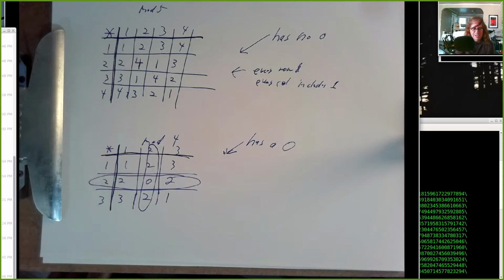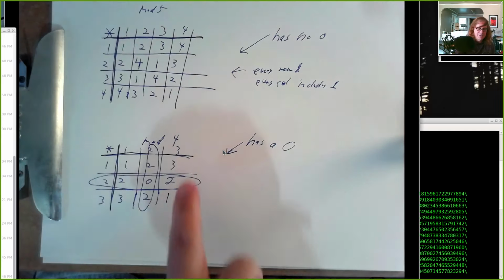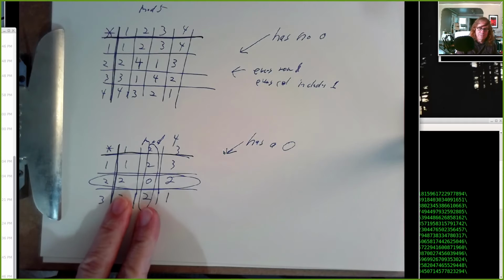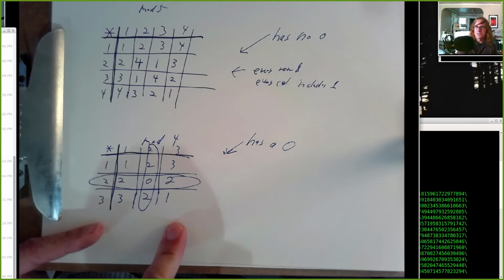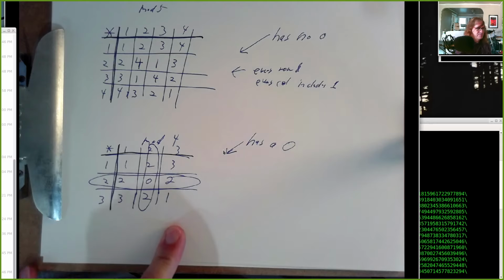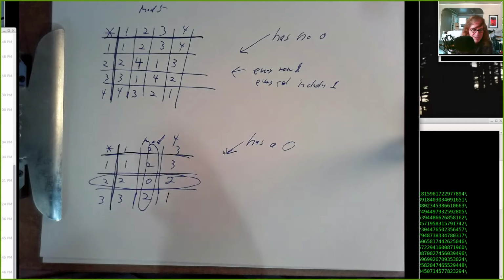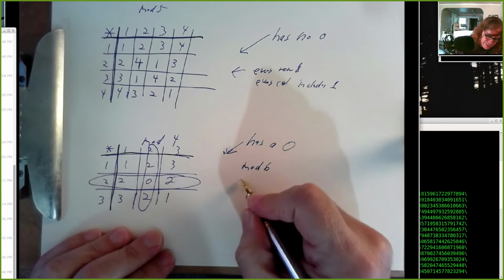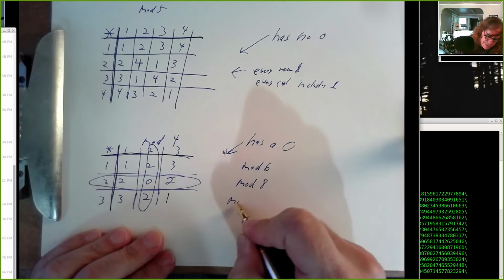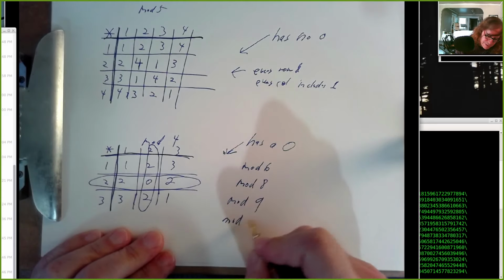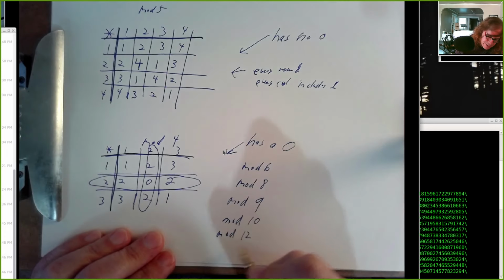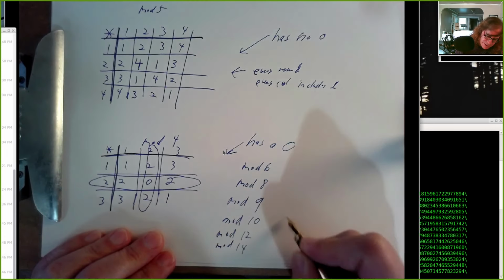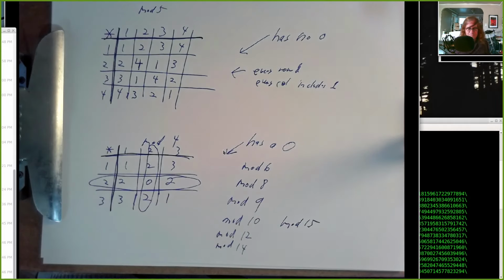Because if I do this for the number 9, I'm going to see the same kind of thing. If I work mod 9, 3 times 3 is going to give me a 0. And the things that will have a 0 are also mod 6, mod 8, mod 9, mod 10, mod 12, mod 14, and mod 15.